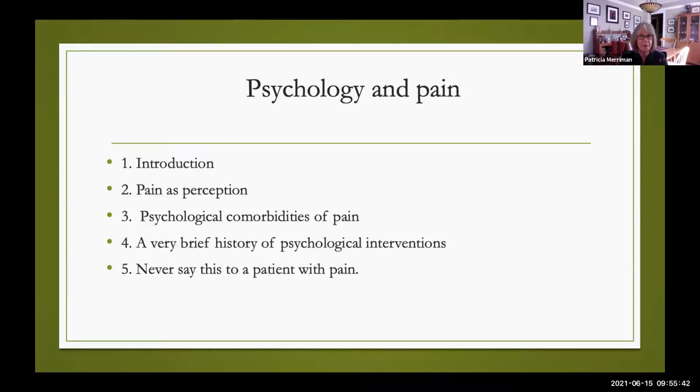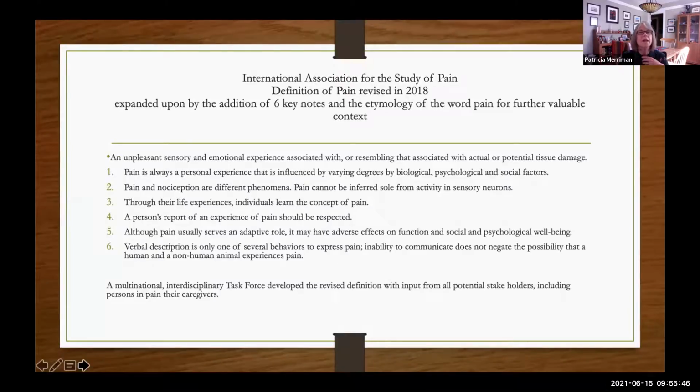Slide. Sorry. So this is the definition of pain from the International Association for the Study of Pain. I won't read through the whole thing, but it's important to read through the first part.